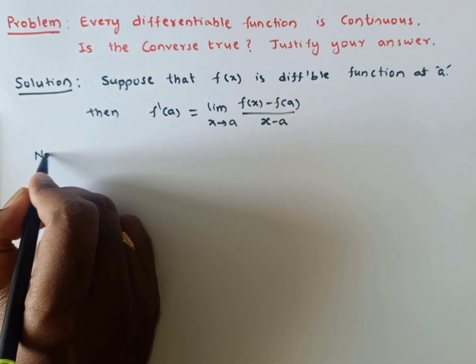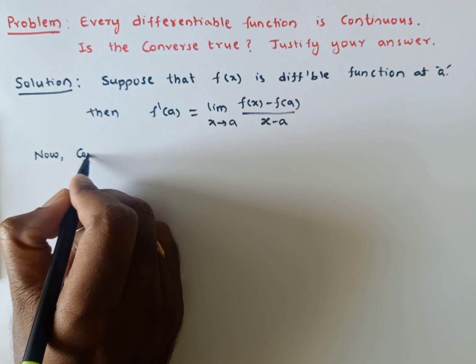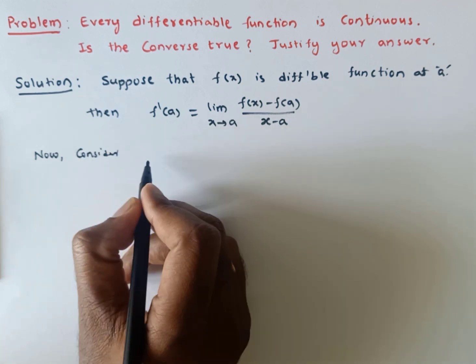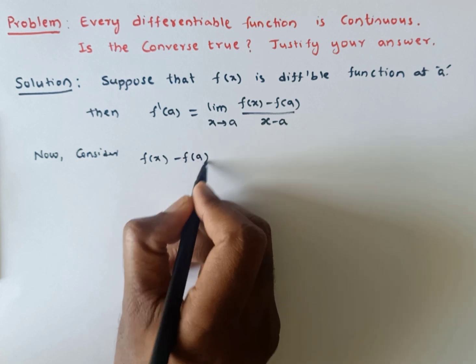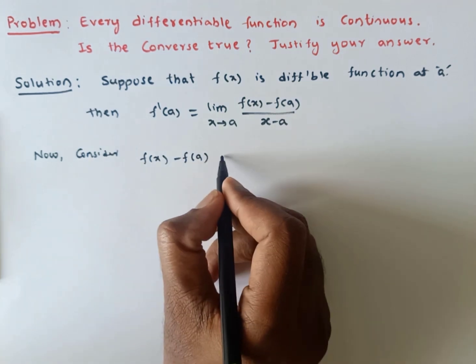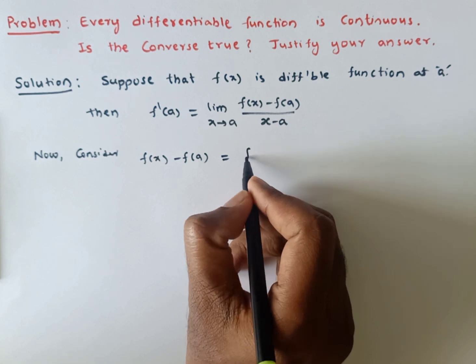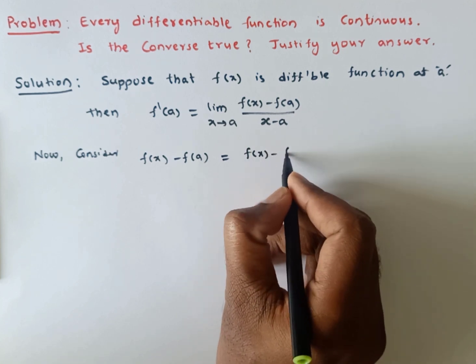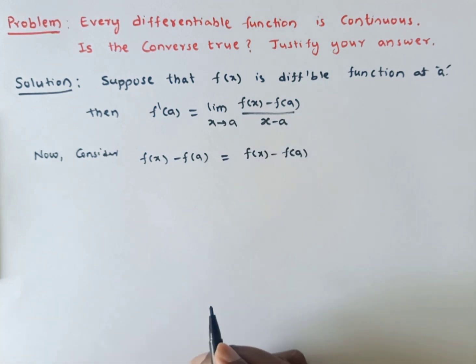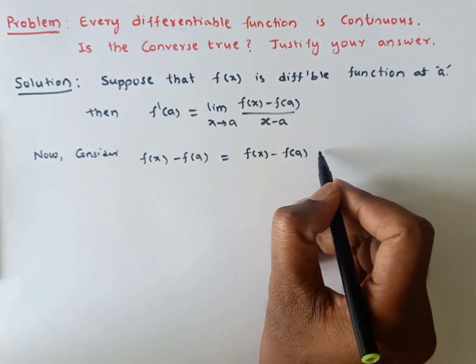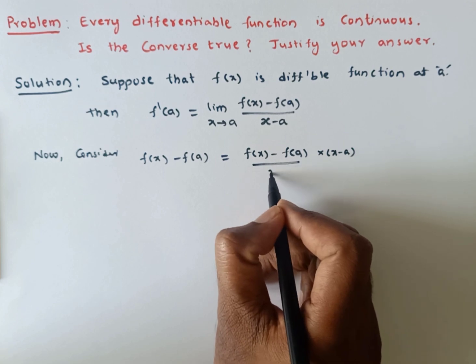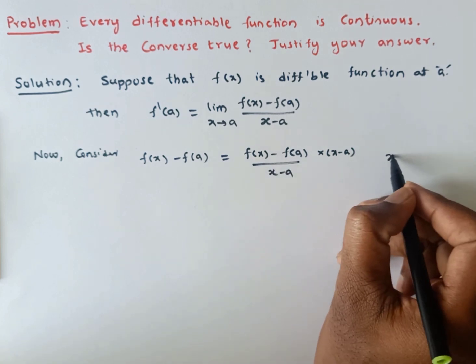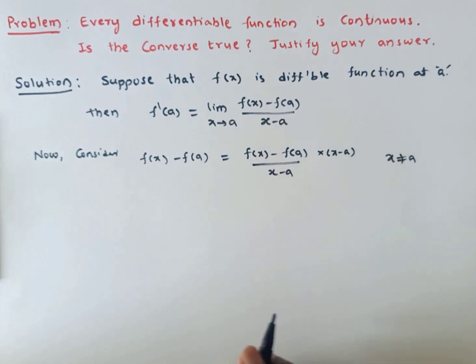Now let us consider f of x minus f of a. It is equal to f of x minus f of a, and here I am multiplying and dividing by x minus a, where x is not equal to a.